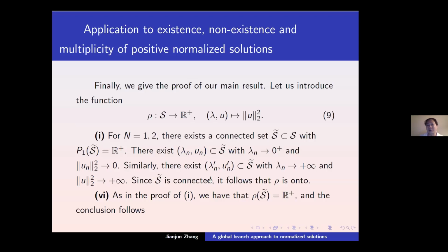Similarly, for lambda goes to plus infinity, we know the mass of u goes to plus infinity. Since the set of asymptotic is connected, we show that the range of rho is the positive part of the x-axis.